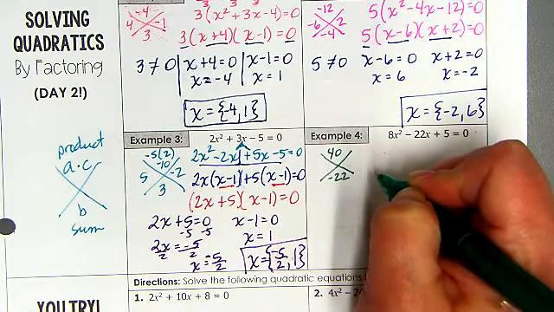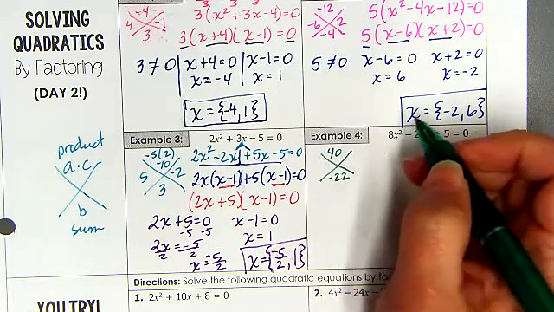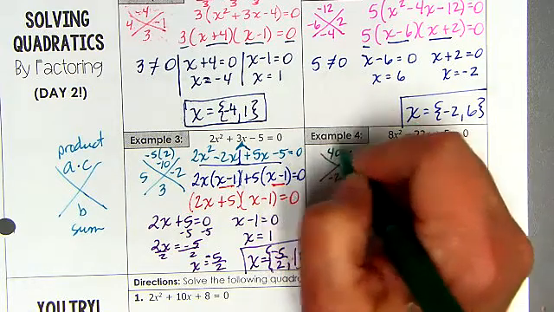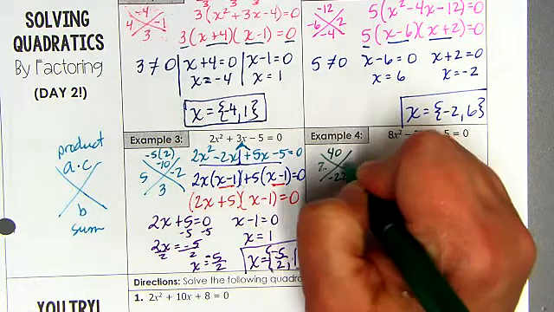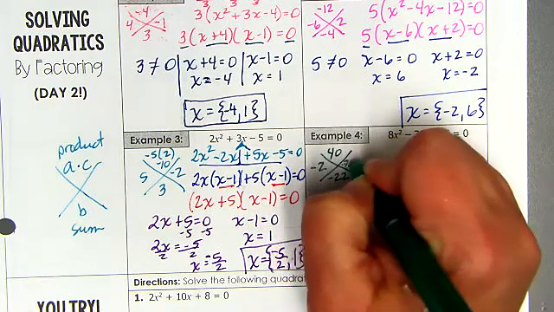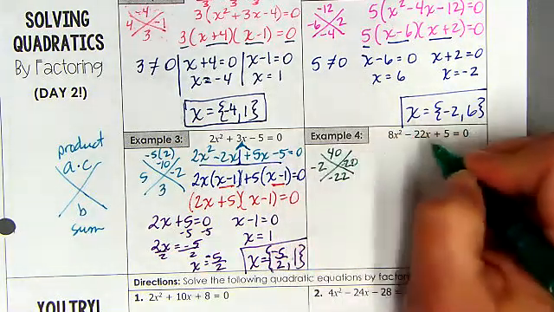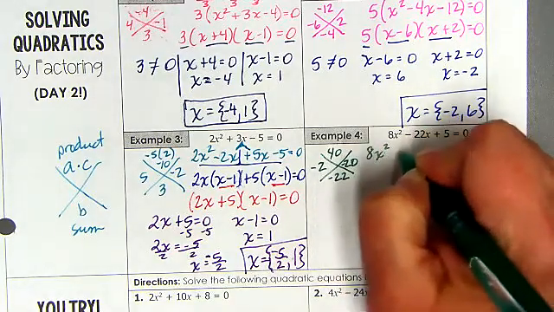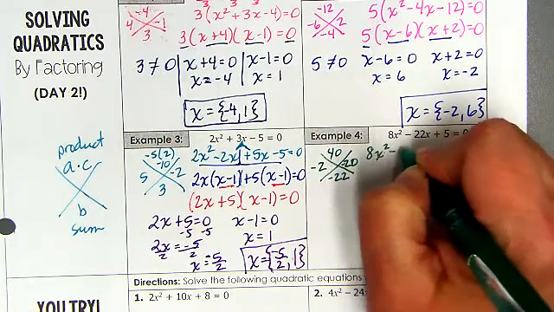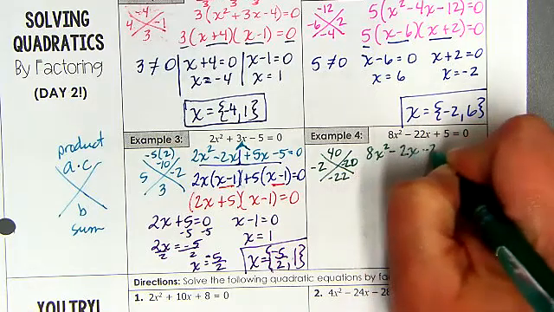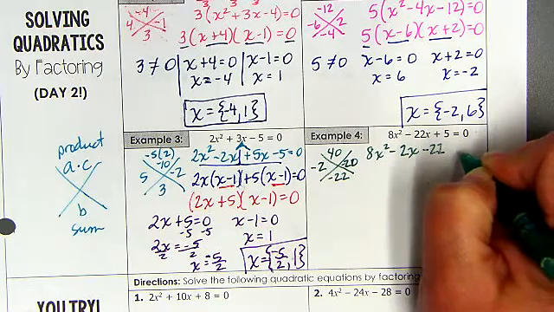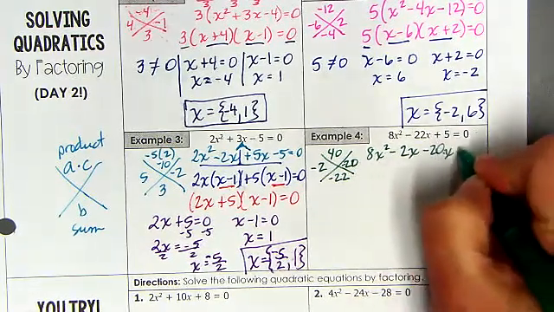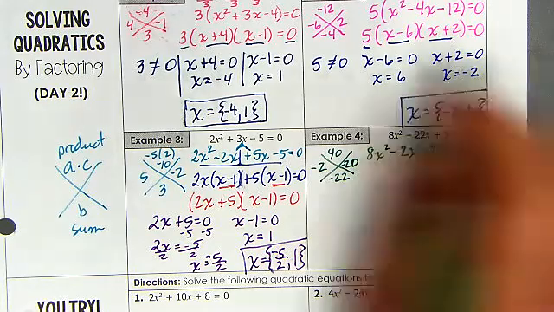So that's going to be negative 2 and negative 20. 8x squared minus 2x minus 20x plus 5 equals 0.